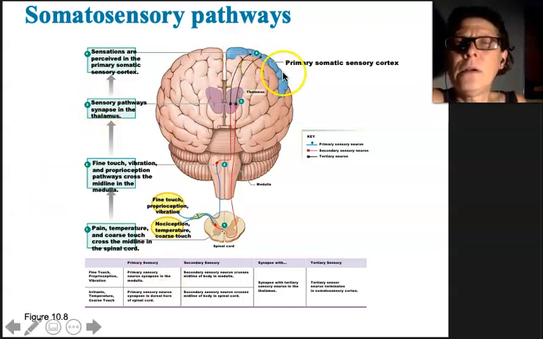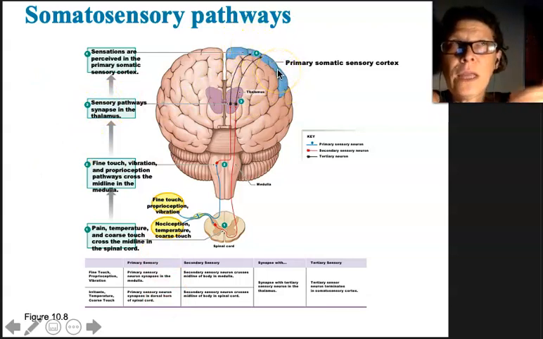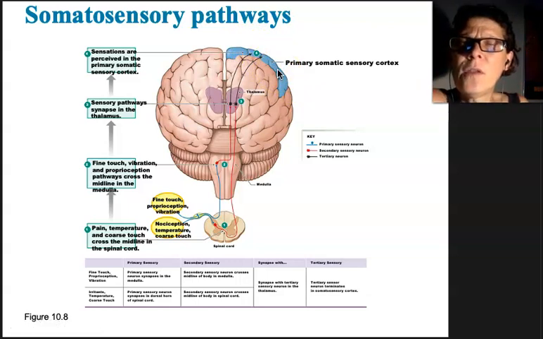You have here the primary somatosensory cortex, which is located on the postcentral gyrus.